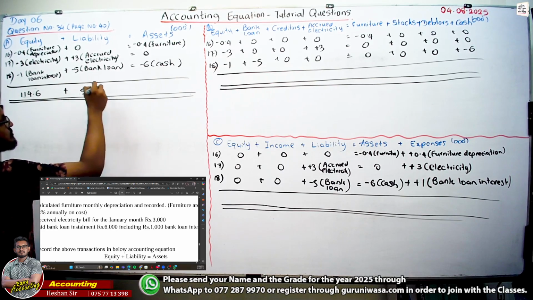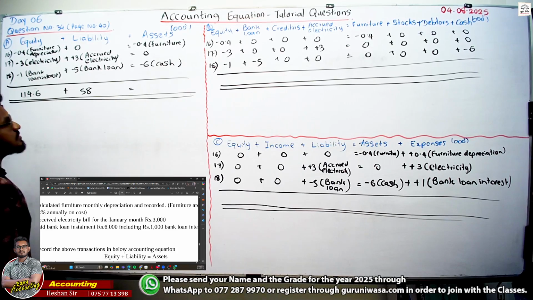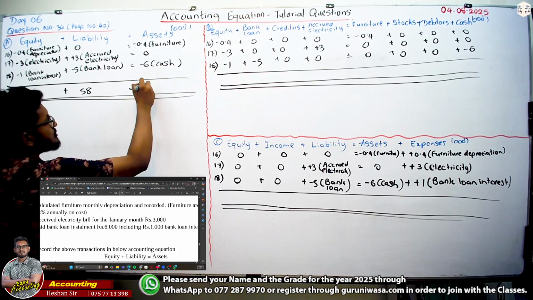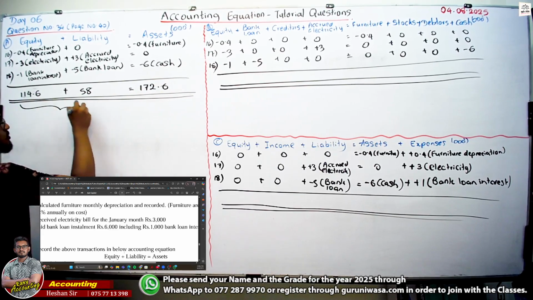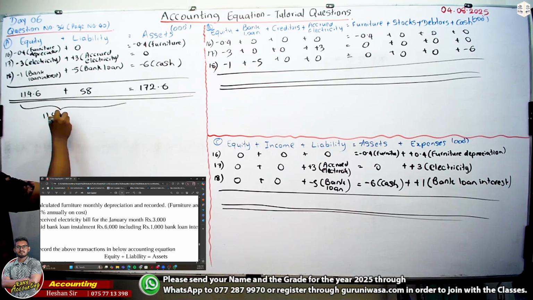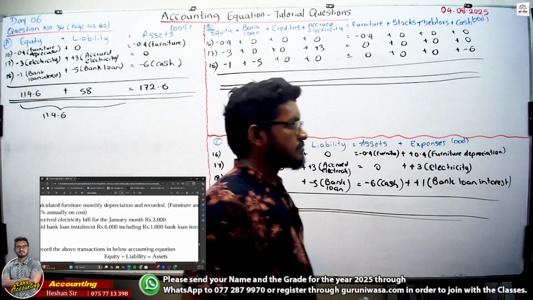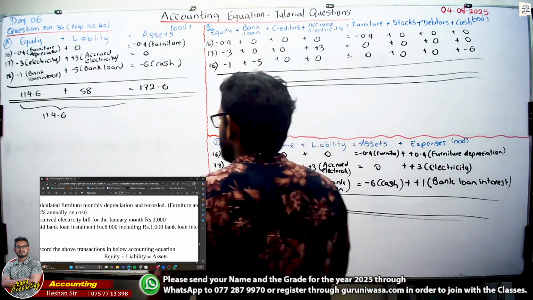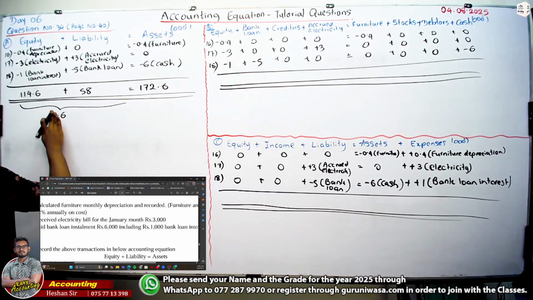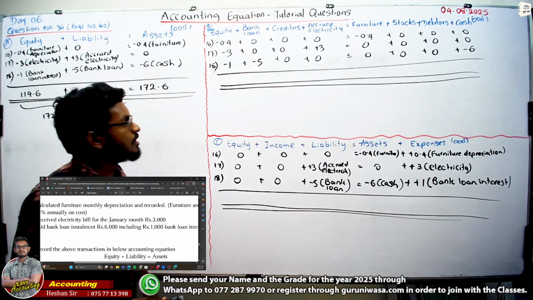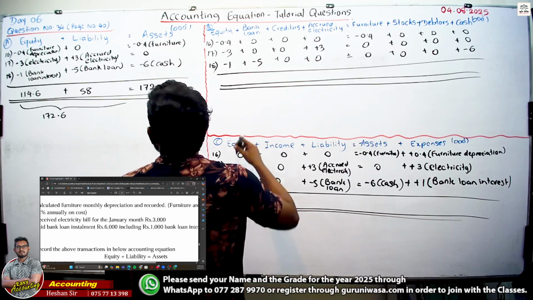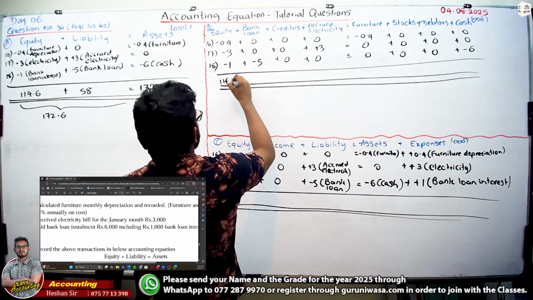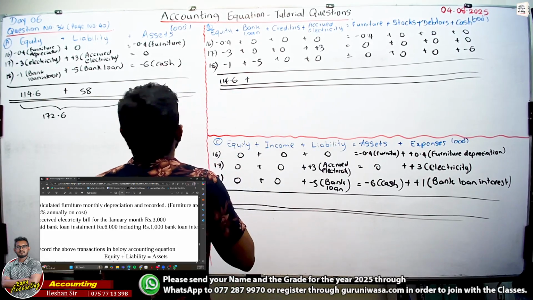Assets: 172.6. The total of these two is equal to 172.6. Equity total same, 114.6, right?